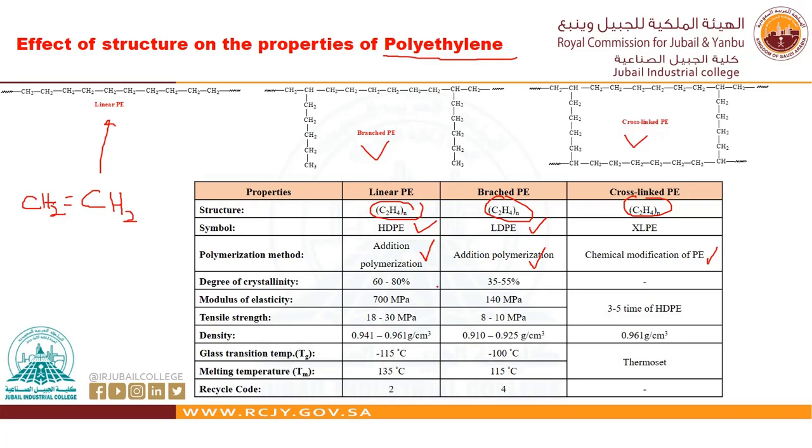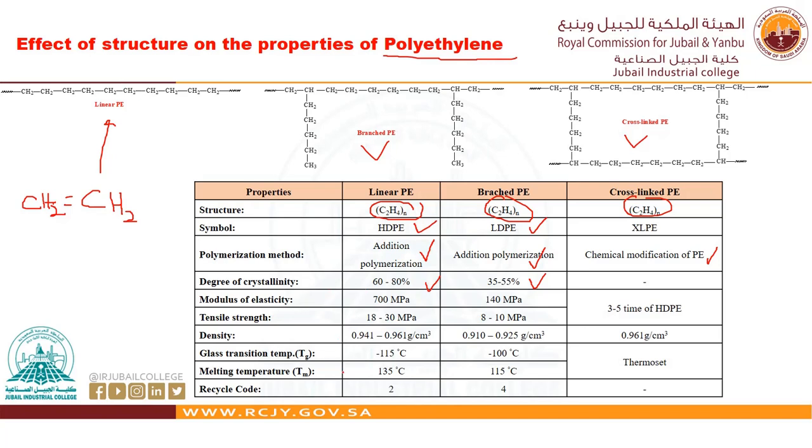These polymers have different degrees of crystallinity. The mechanical properties are also different. We have the glass transition temperature and the crystalline melting temperature. We are going to discuss those in detail, but the melting points of these are also different.